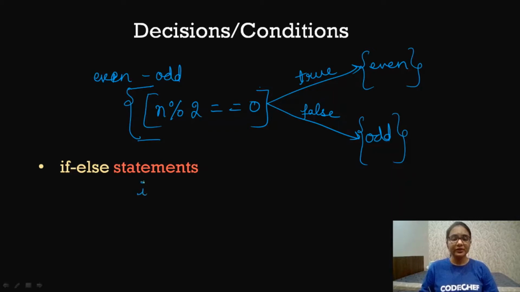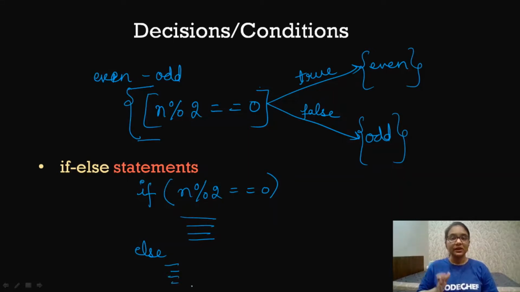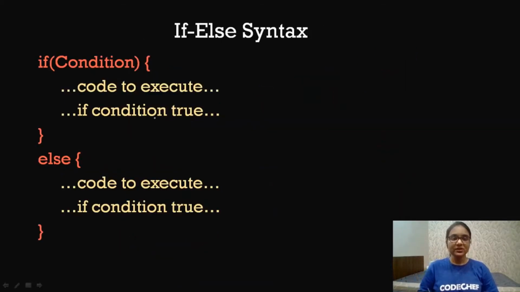If n modulus 2 is equal to 0, then there will be a certain set of statements to be executed; else, and the else part will be when this condition has become false, then again there will be a certain set of statements to be executed. Now, what is the exact syntax of using these if-else statements? Let us see that.